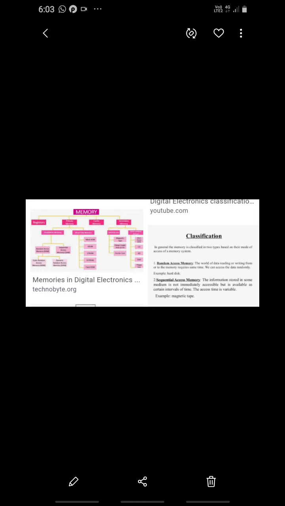In this memory, the access time is not constant but varies depending on the address location. Therefore, the time required for accessing a memory location for writing into or reading from is different for different locations.